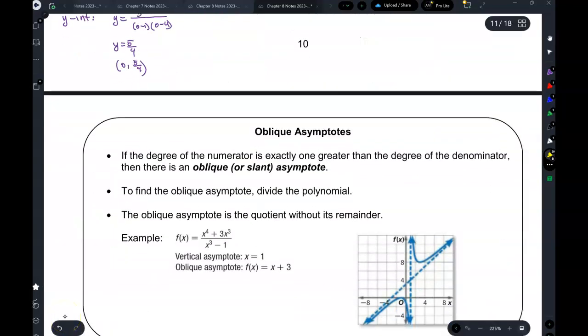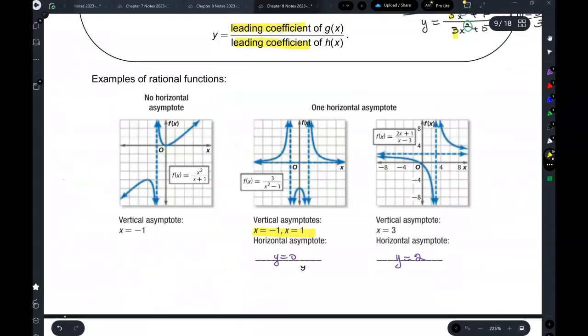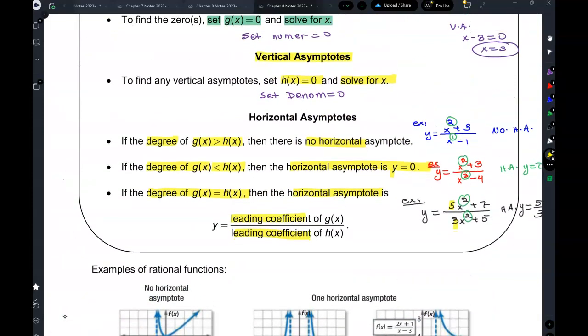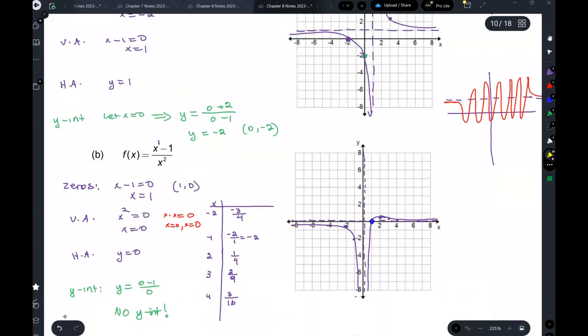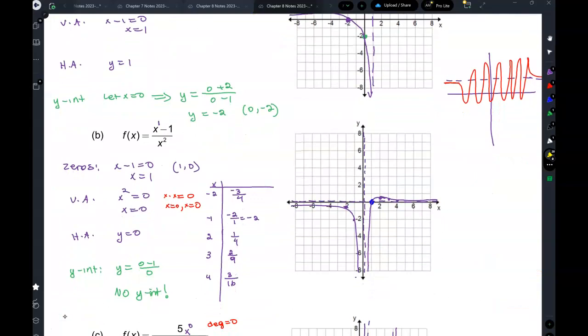Okay. Oblique asymptotes. At the very beginning, we said if the degree in the numerator is higher, there is no horizontal asymptote, which is still true. Now, oblique means slanted. If the degree in the numerator is higher by 1 degree, then there is a slanted oblique asymptote.